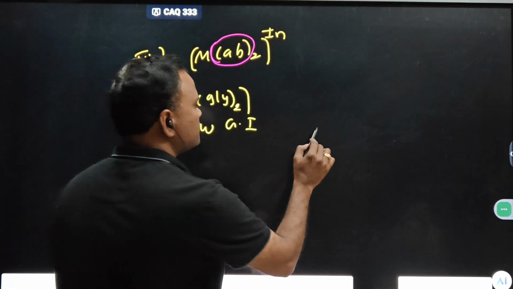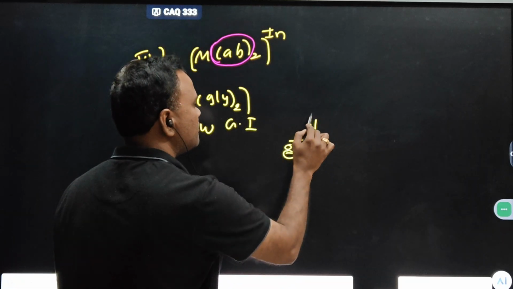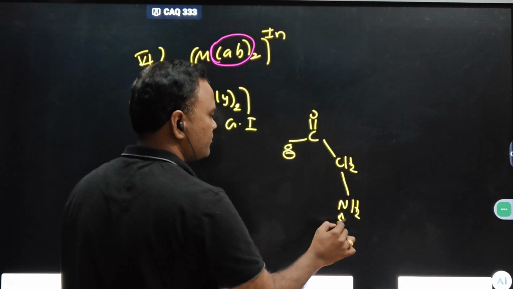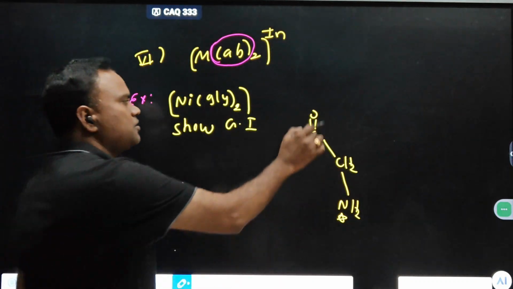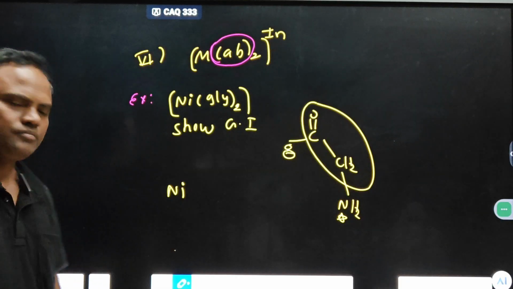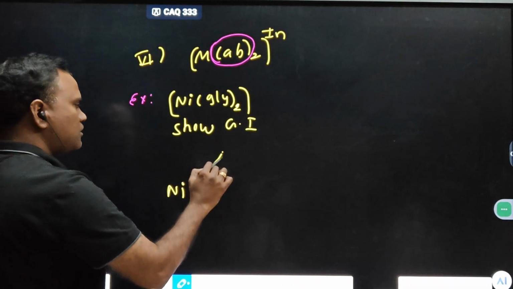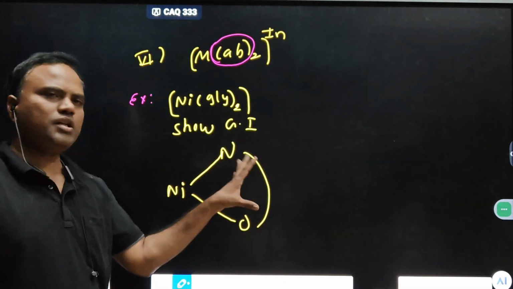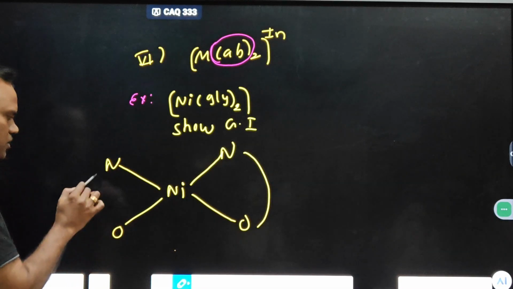Once look at this, all of you. Nickel. I am taking glycinato structure like this. O negative, C double bond O, CH2, oxygen and a nitrogen. And consider the remaining part as a curved line. You know already the structure of GL. Nitrogen, oxygen. In this curved line, imagine the remaining part. Nitrogen, oxygen, curved line.